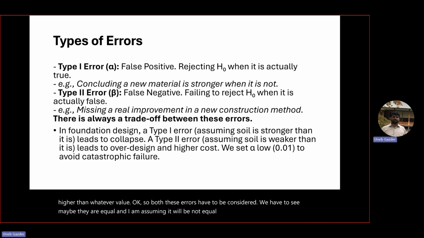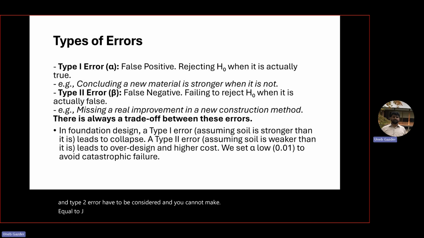And you have to also consider that they are actually not equal, and I may assume it to be equal to something. So both type 1 error and type 2 error have to be considered, and you cannot make any of them equal to 0. And this is very important for experimental work. If your research goes into experimental work, you have to consider both types of errors.